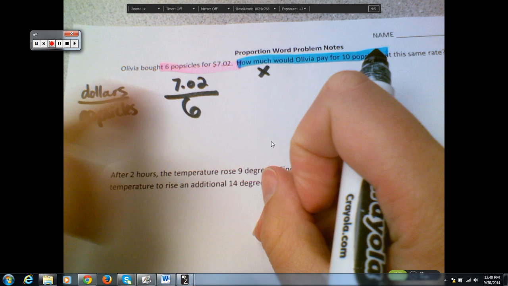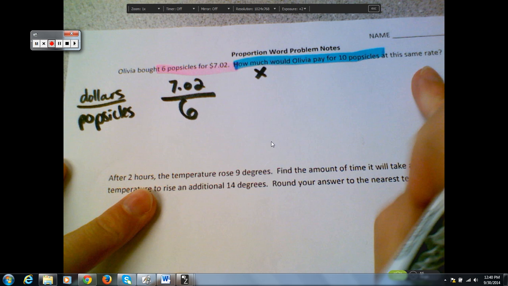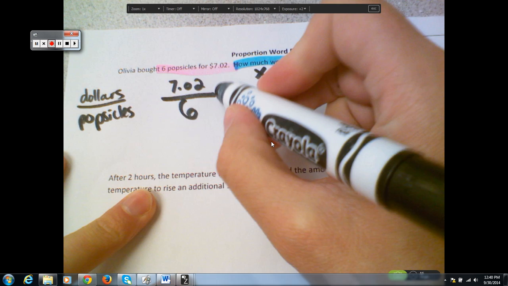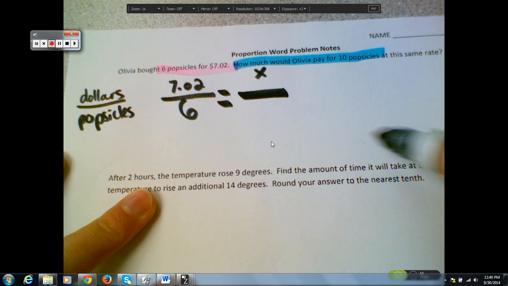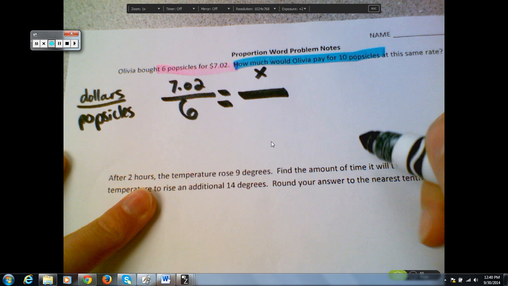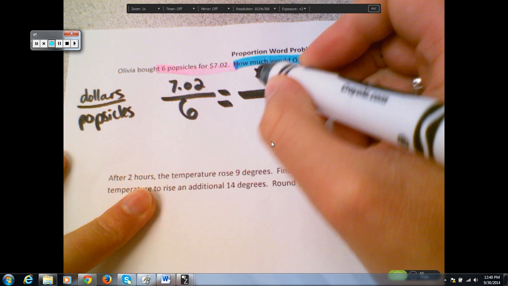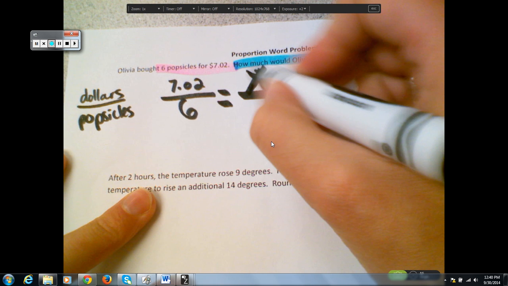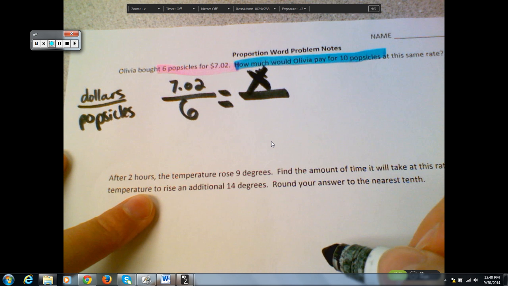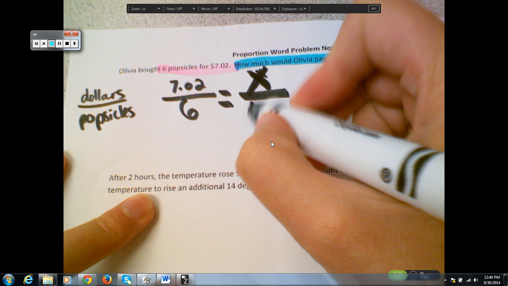Again, my labels are kind of off to the side. Because these are the same rate, we're going to make an equal sign and a ratio or rate over here. I don't know how much money, X, mystery number, compared to 10 popsicles.